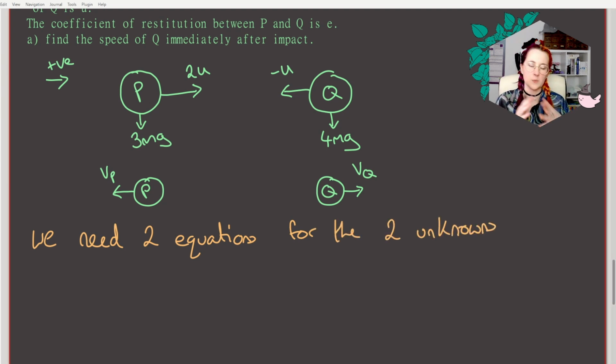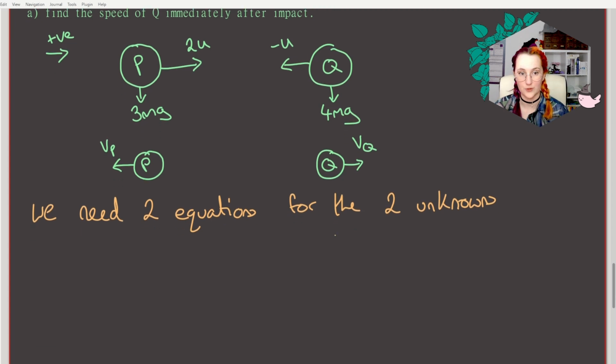If we knew what the speed of P was after collision, we would only need one equation. However, we always need the same number of equations as unknowns.